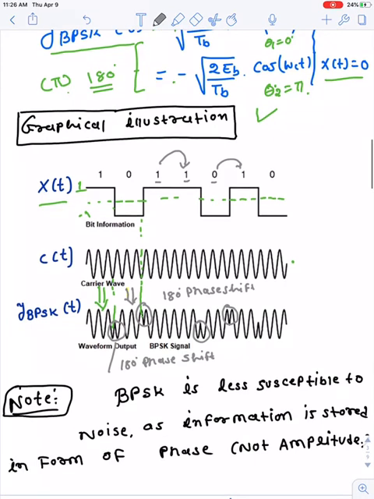So we can say when there would be a 0 bit, this is the present bit, and if the next bit would be a 1, so in that case we have a pi-degree phase shift.